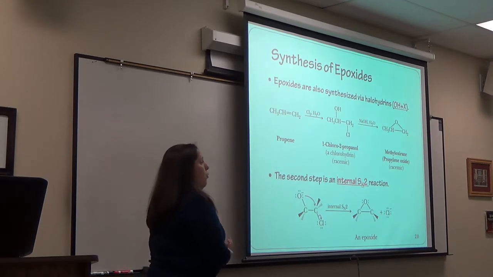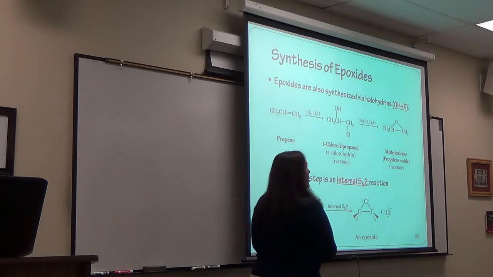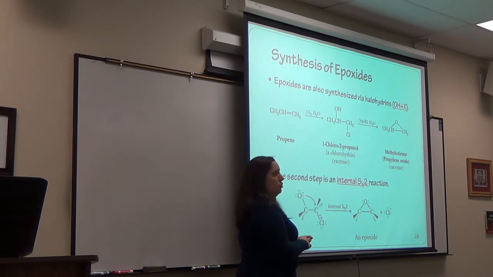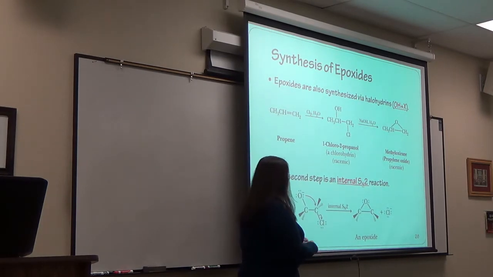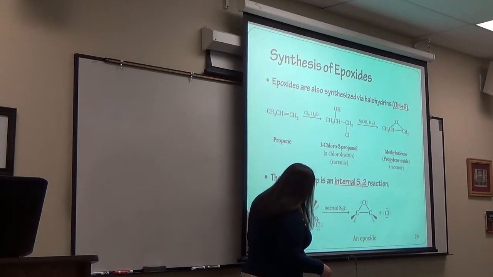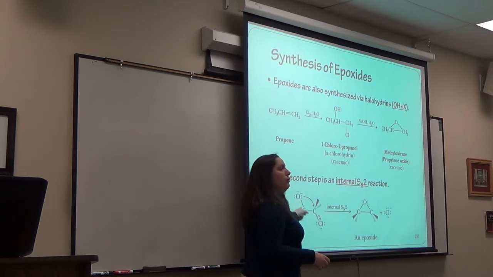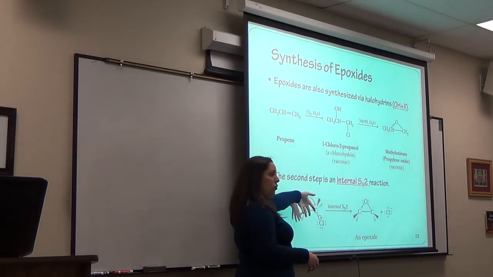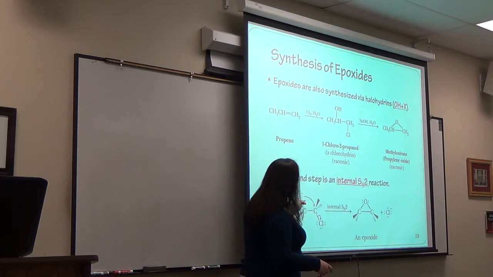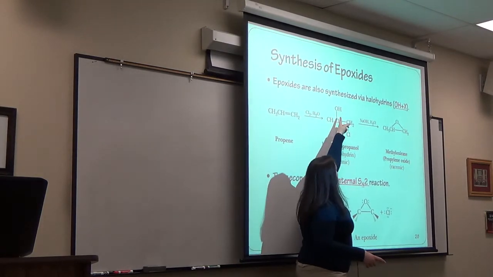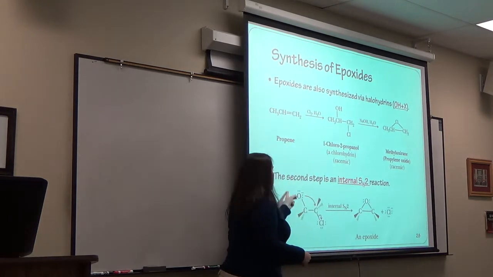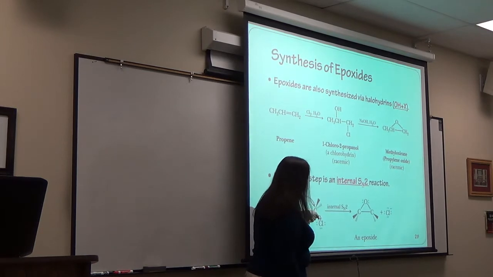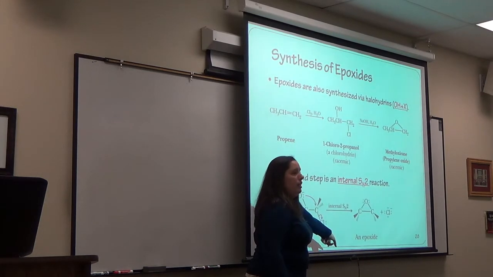And so this forms also as a concerted reaction, but it's what we call an internal SN2, because SN2 is concerted, as you know, but the nucleophile is already part of the molecule. It's not coming from an outside source. So that O, the OH, you have to deprotonate, you form the ion that attacks the carbon and the leaving group leaves.